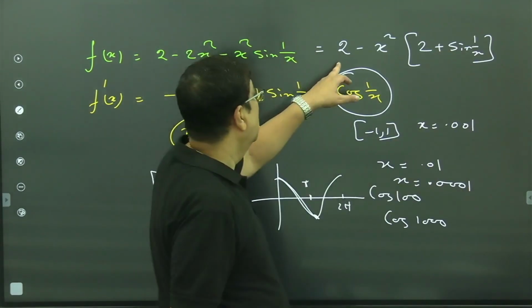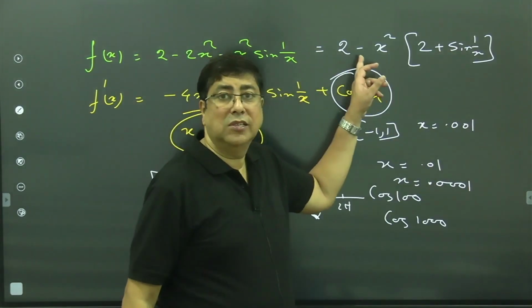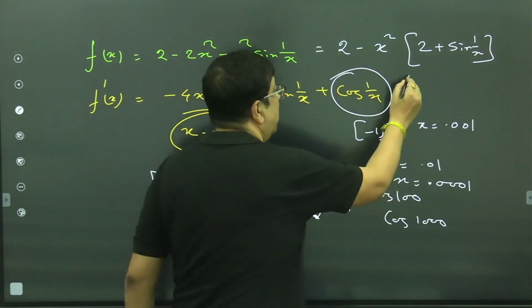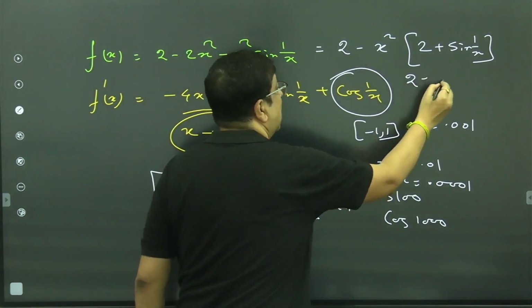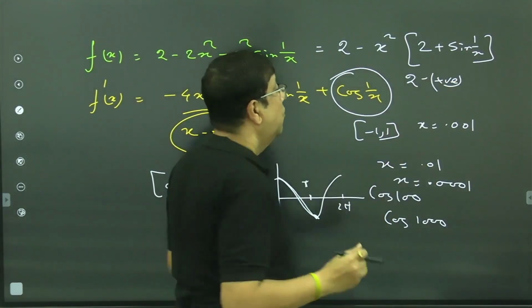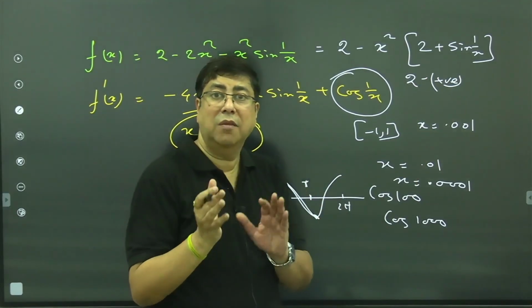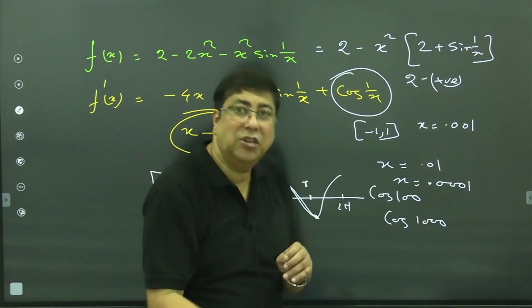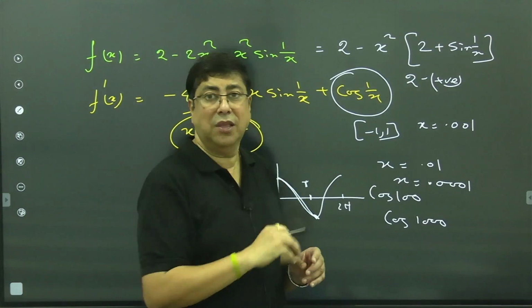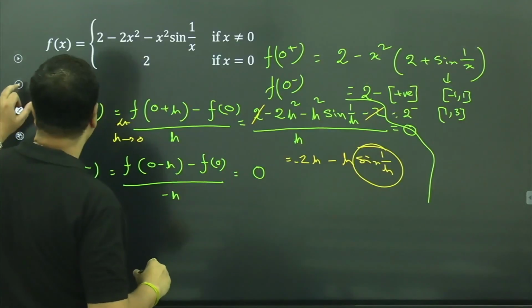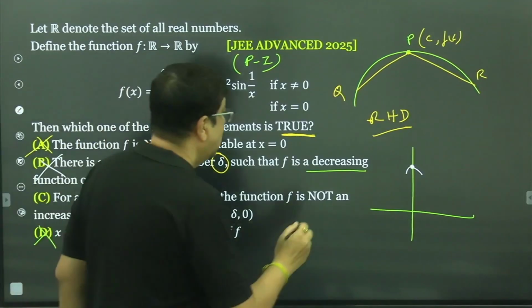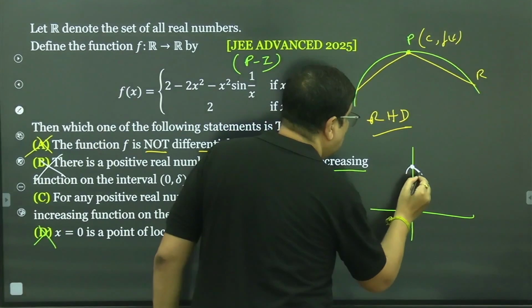So nearer to the value of 0, this is lesser than 2. It is 2 minus some positive quantity. So x can be 0 plus, x can be 0 minus. It is just decreasing from 2. That is the reason that they are telling this.